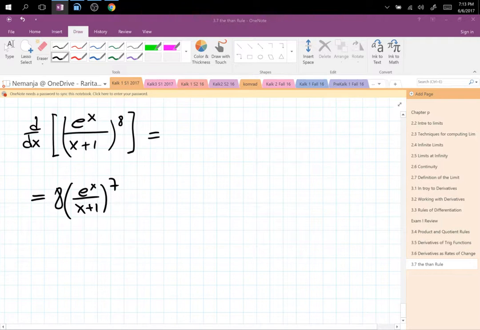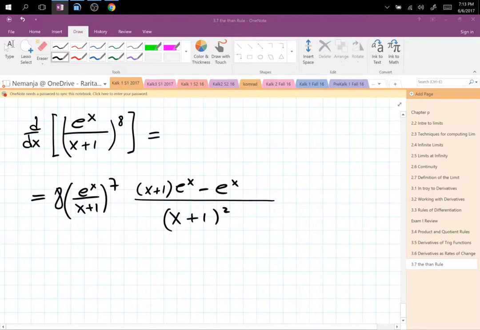That's how we deal with the derivative of mass to the 8th, which is 8 mass to the 7th. And then times the derivative of the inside, which is the quotient rule. So take the denominator squared, x plus 1 times the derivative of the top, minus copy the top and the derivative of the bottom. There we go.